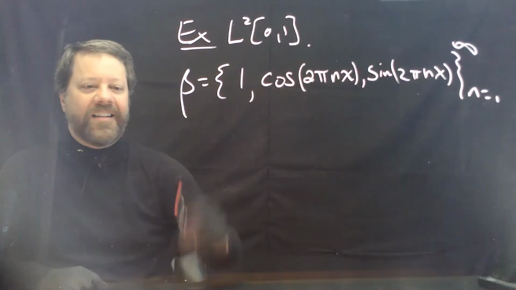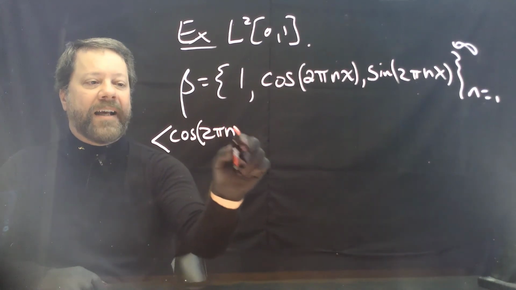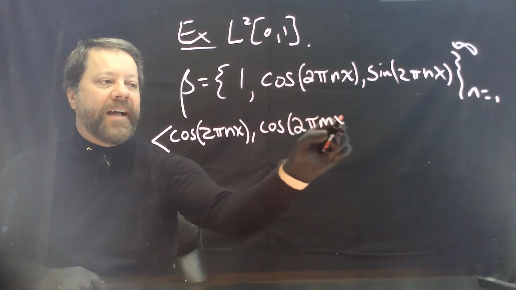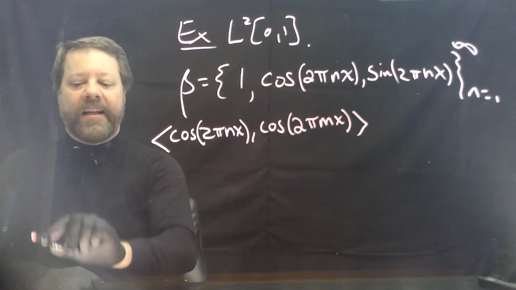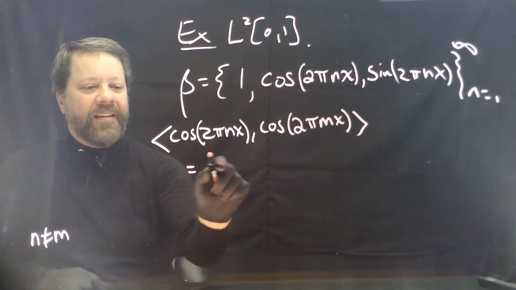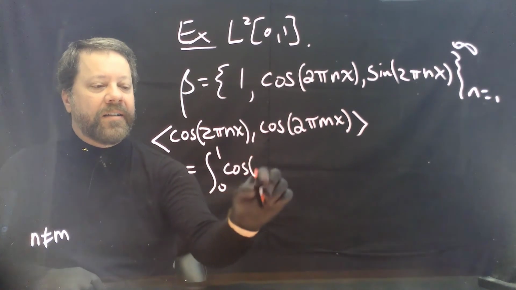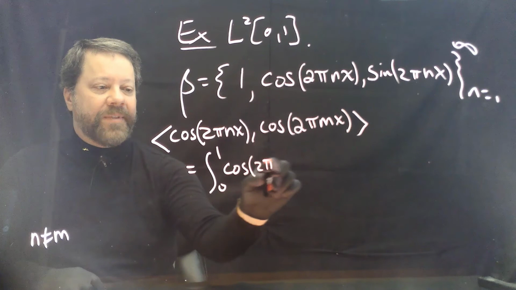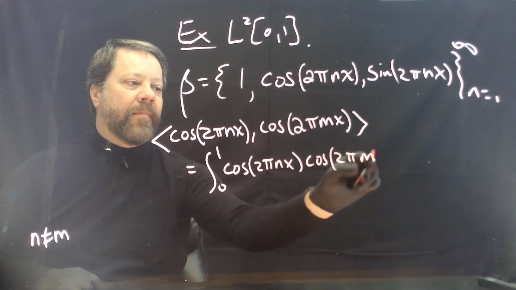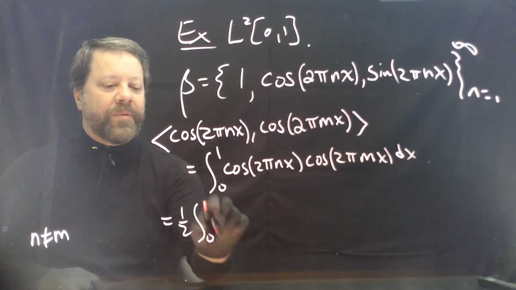Let's look at the inner product of the cosine of 2 pi nx and the cosine of 2 pi mx, where I'm specifically assuming that n and m are not equal. So we'll get the product of these two, and that's where the product to sum identity comes in. We'll get 1/2 the integral from 0 to 1.